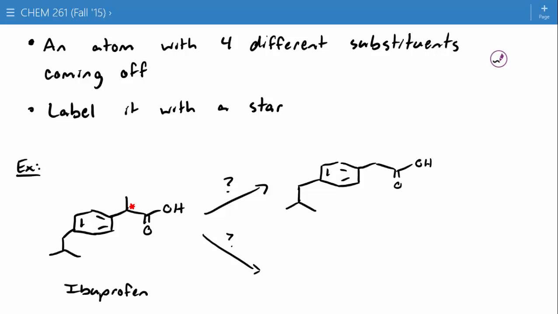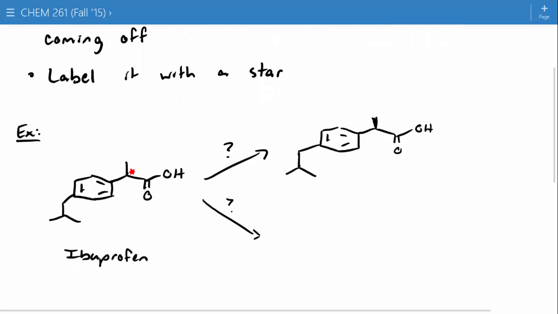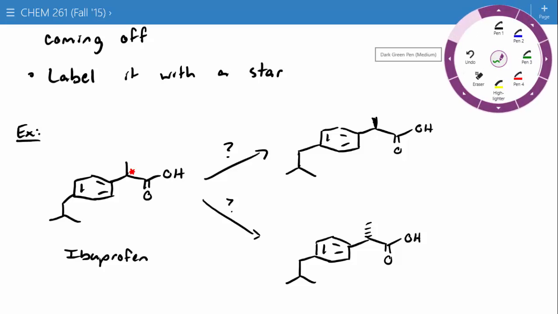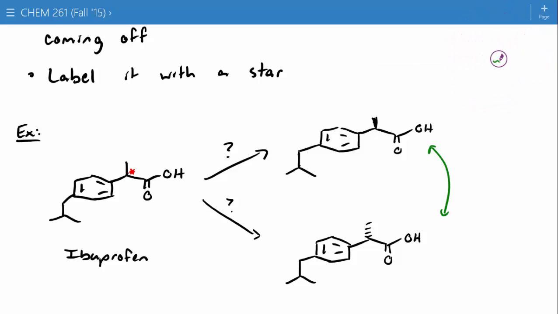I could draw that methyl group as being a wedge, or I could draw that methyl group as being a dash. These are not the same molecule, in the same way that our left hand is not like our right hand, right?